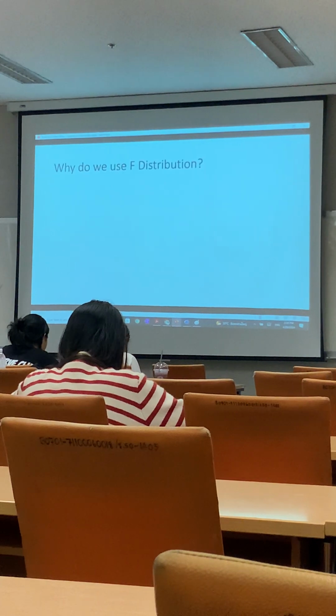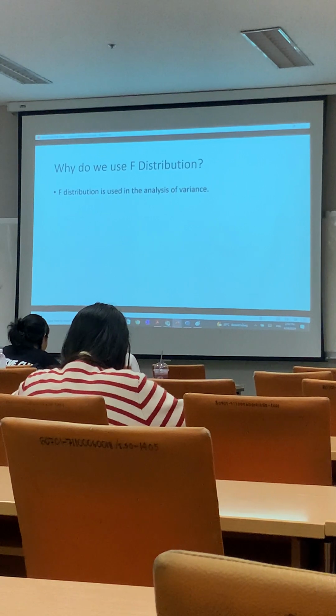Okay, so the last one that we look at from the table is the F distribution. Last time we explained the connection between the Z distribution, T distribution, and the chi-square distribution, right? The Z distribution is standard normal, and usually we use it to test the sample mean, the distribution of the sample mean.